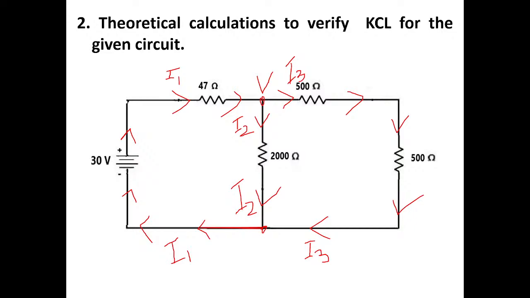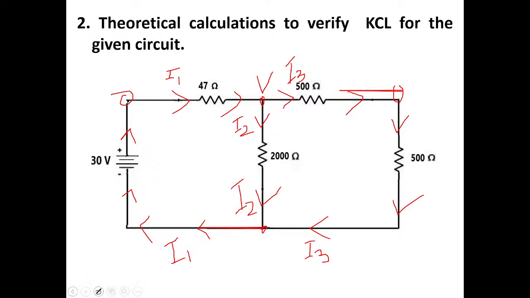Oh, so someone has mentioned 4 nodes. Okay, so here I am going to consider wherever current divides. Wherever current is dividing or adding up, I am considering only those nodes. I am not considering any other node here. You can consider this as one node, this as another node, this as another node.